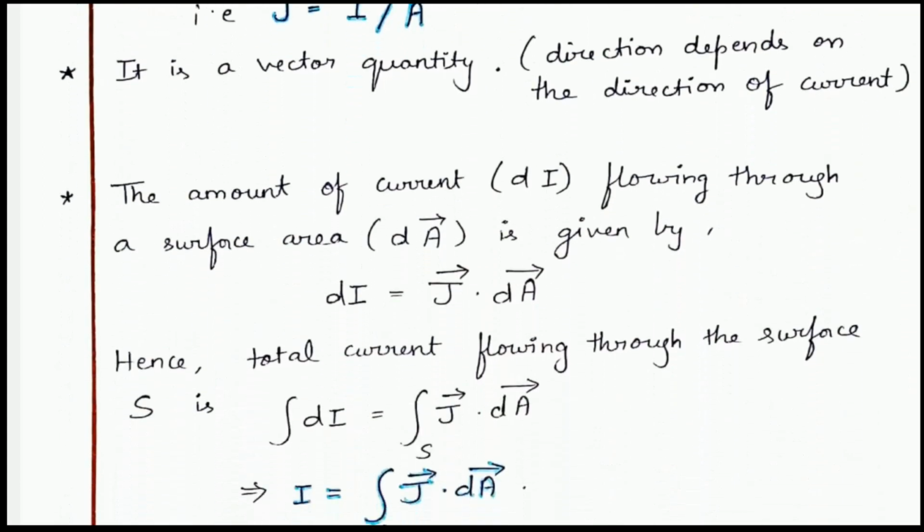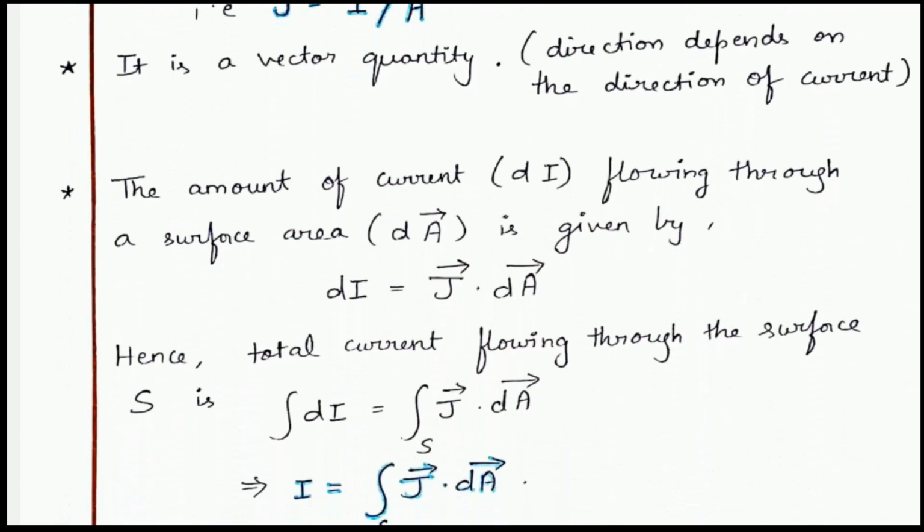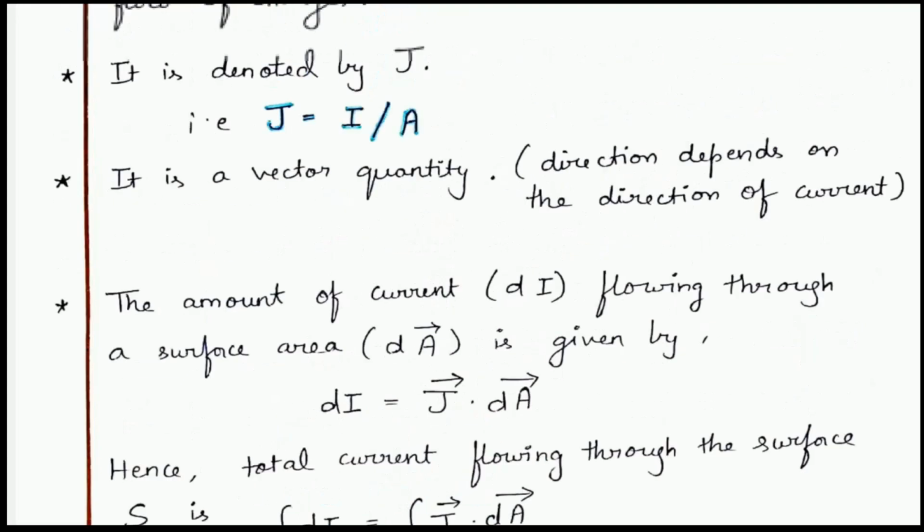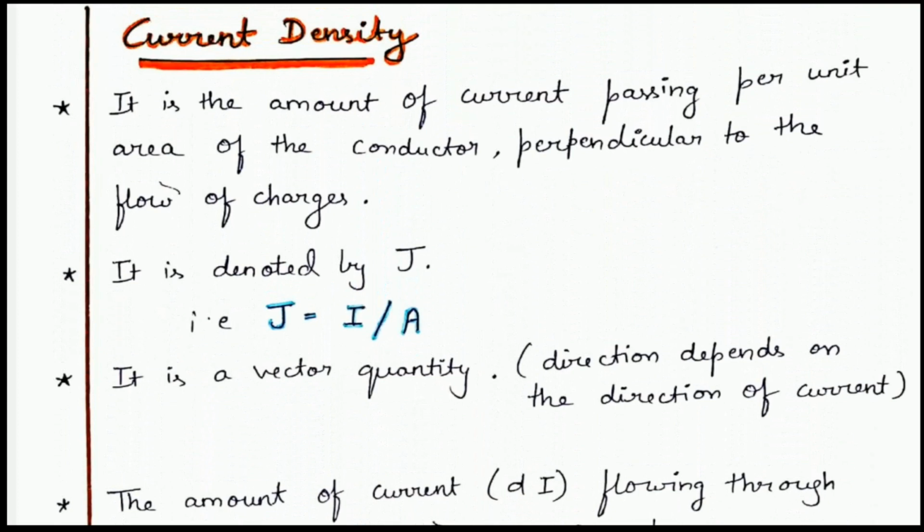Now suppose a very small amount of current dI is flowing through a surface area dA. Then the amount of current flowing can be calculated by dI is equal to J vector dot dA vector. Why are we doing the dot product? Because in the definition, current density is the amount of current passing perpendicular.